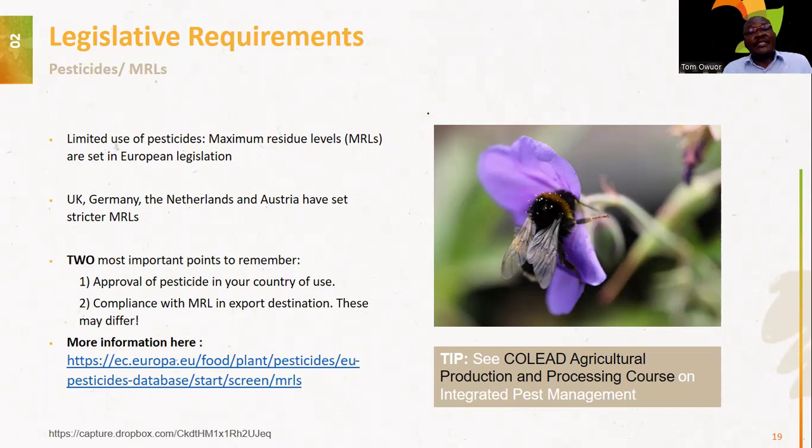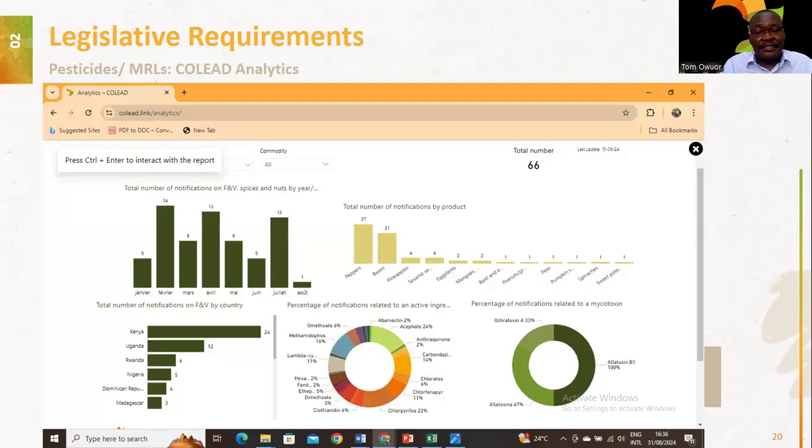So go back to your own respective countries, focus on your products, and appreciate the various MRL levels that are applicable to various market destinations. Legislative requirement in terms of MRLs is something that we need to take very seriously.